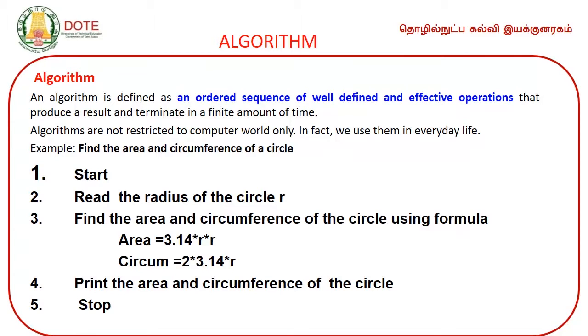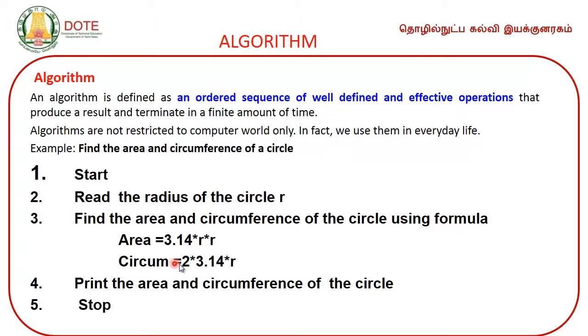So, the algorithm should represent the solution to the machine. In this, we write down the steps to solve the problem. In this case, for finding the area and circumference of a circle, read the radius of the circle r. Then find the area and circumference of the circle using the formula area equal to 3.14, this is the pi value, into r, so pi r squared.